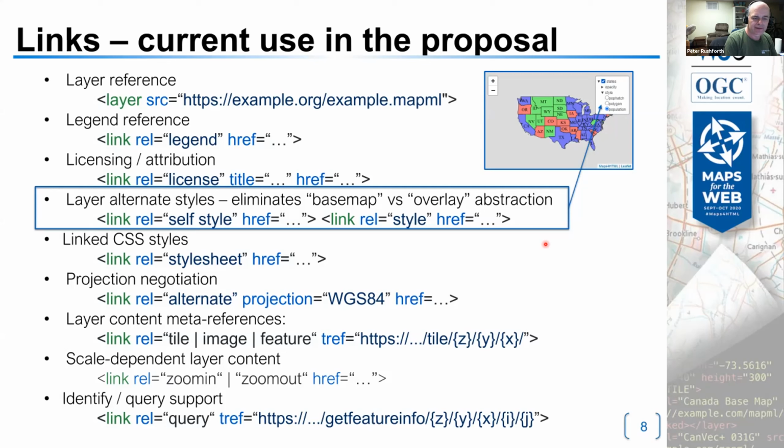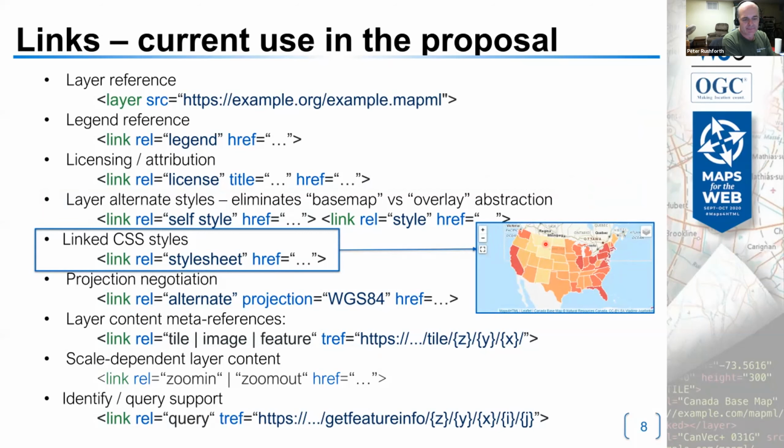The style that identifies the current style of the base map would have the additional rel value of self style, as shown here. So this allows you to simulate, like in Google Maps, for example, satellite or map view or hybrid view kind of thing.